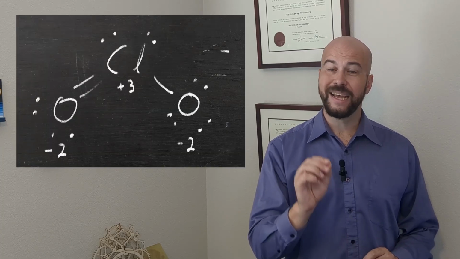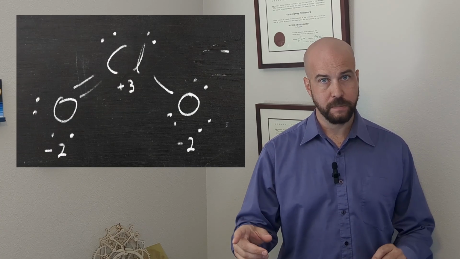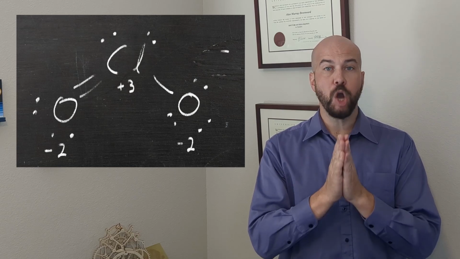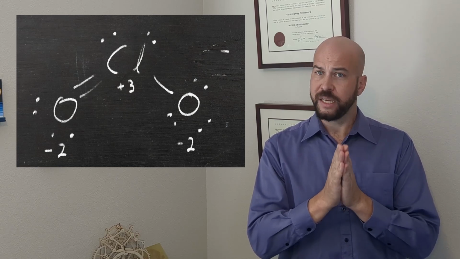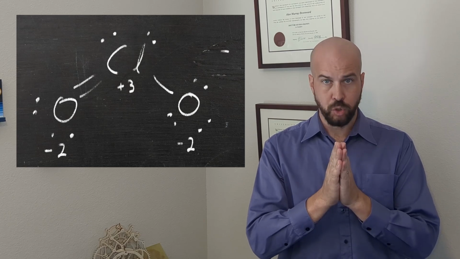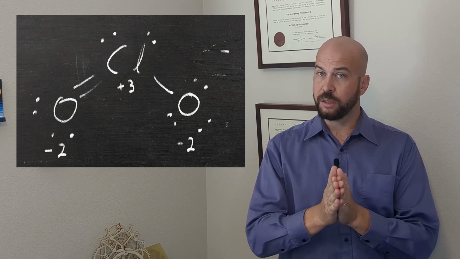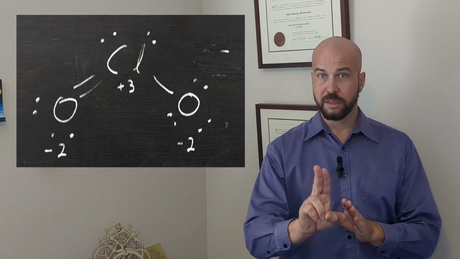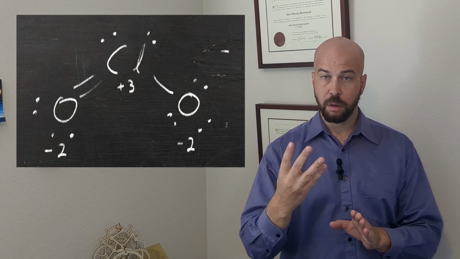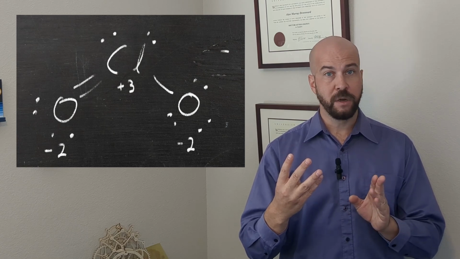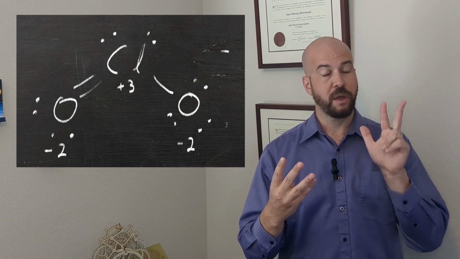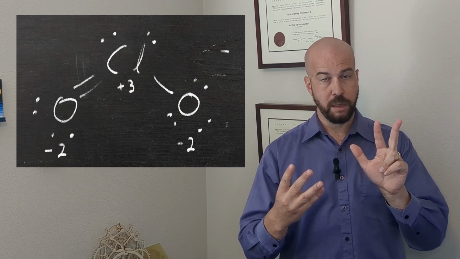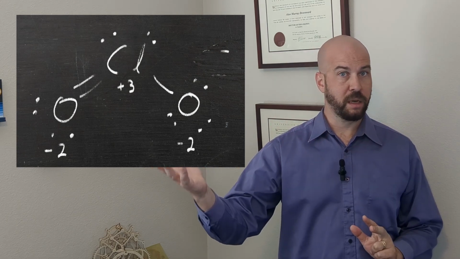Chlorite is ClO2-. Once again, the oxygen is going to have an oxidation number of -2. The overall charge is -1. So with 2 oxygens, that's -4. So the chlorine must have an oxidation number of +3. 3 minus 4 is -1.